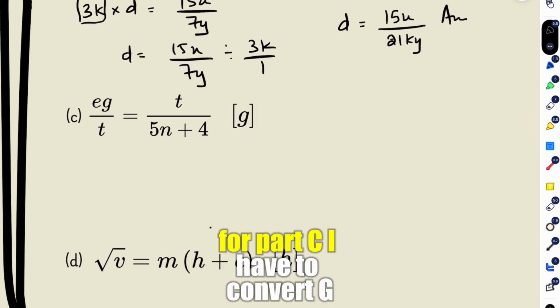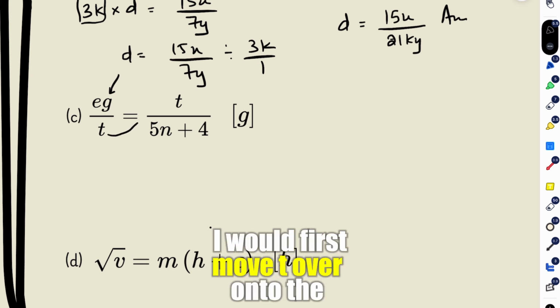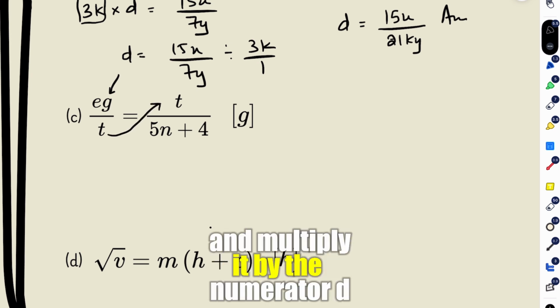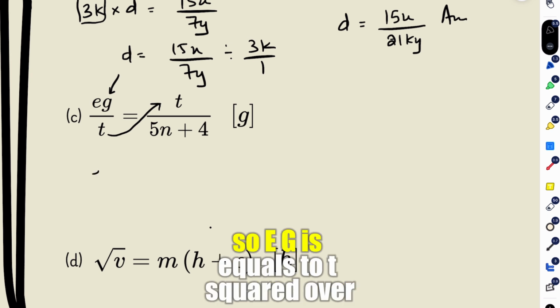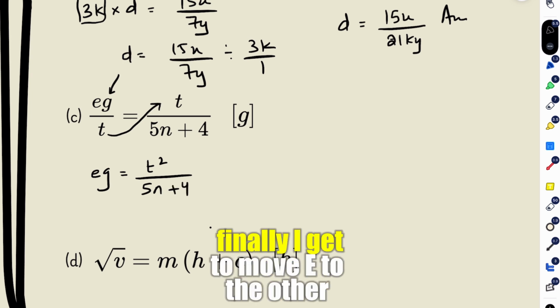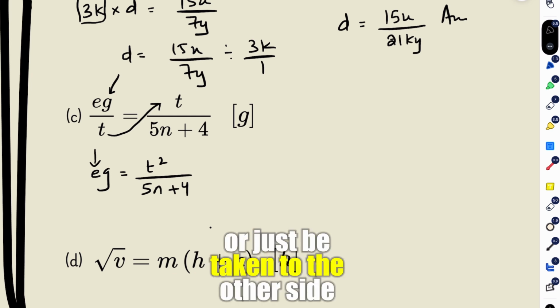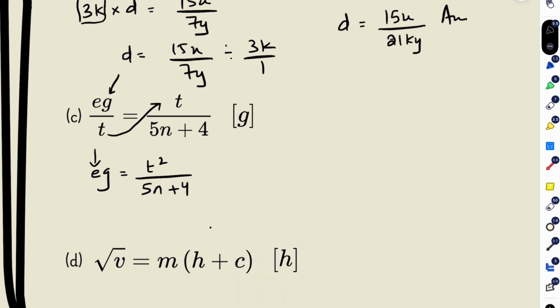All right, for part C, I have to isolate G and then turn it into the subject. I would first move T over onto the other side and multiply it by the numerator T. So EG is equal to T squared over 5n plus 4. Finally, I get to move E to the other side. So E has to be multiplied with the denominator or just be taken to the other side where it will divide.